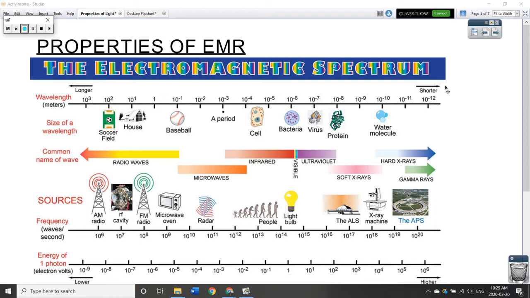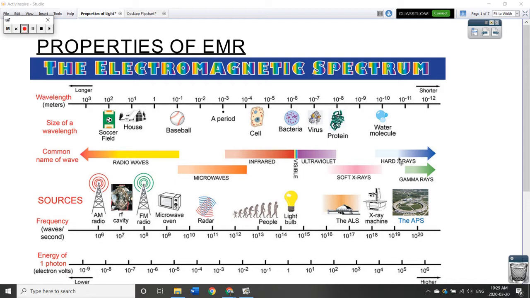So the electromagnetic spectrum includes all forms of electromagnetic radiation. The kind we're most familiar with is visible light, because we can see that, but there's so many other forms outside of that. The thing is, they all behave the same way.